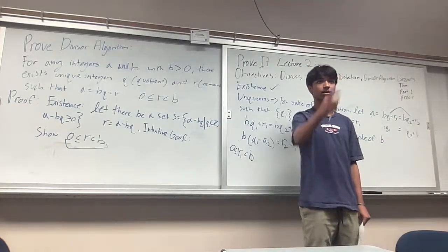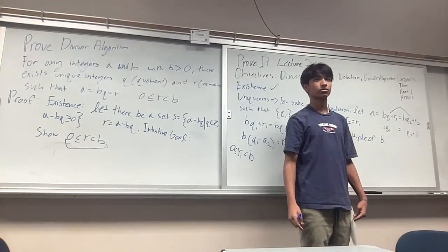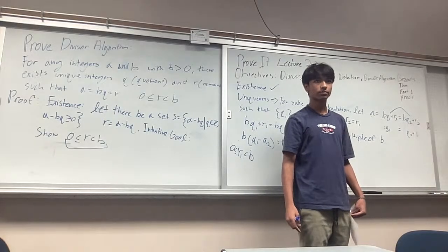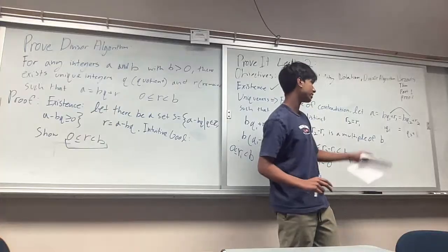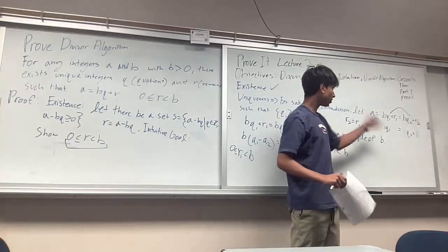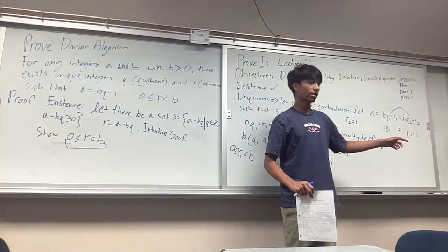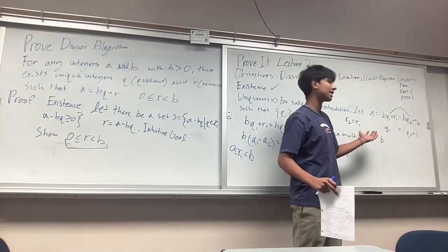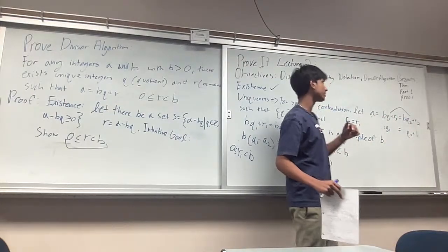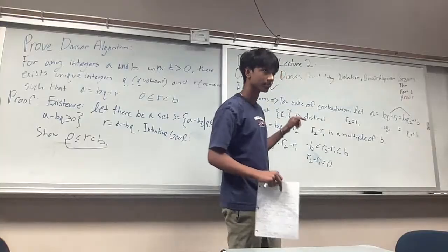No. Yeah. Can we also say if R2 is the same as R1, then R2 minus R1 equals 0, then B times (Q1 minus Q2) would have to be 0? Yeah, there are lots of algebraic ways that you could choose, but it's just one way I'm showing. Q1 equals Q2, right? Are these now different ways to write the same thing? No, they're the exact same thing. So we have now proved not only existence, but uniqueness.